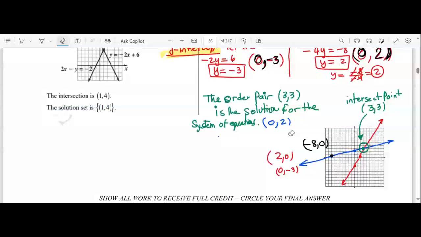What about this point here? 0 and 2. What about the red points here? Minus 3 and 0, and 0 and minus 3. And this point, how much? 2, 0. Is this clear?